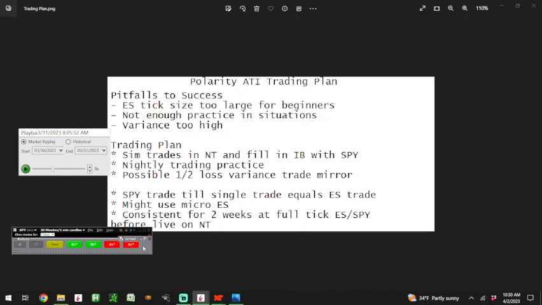As I get better and better, I'll hone it so that it's mirroring the profit targets as close as possible, because I'm actually not sure how much one tick is in terms of SPY. I think it is about two cents maybe. I don't know. We'll see.